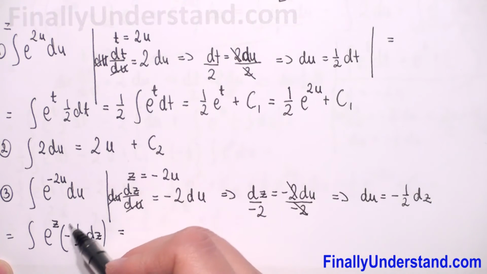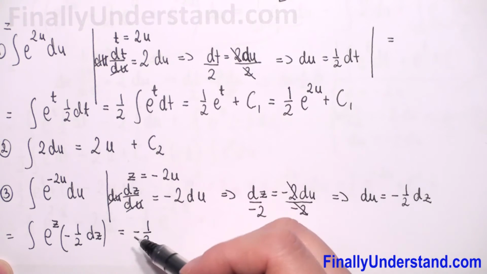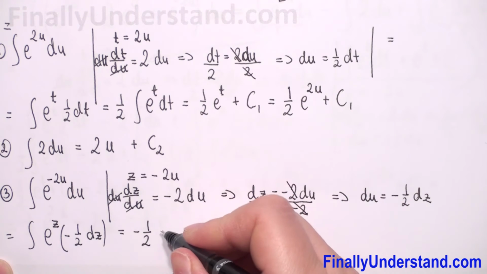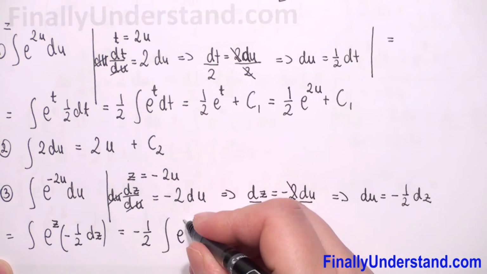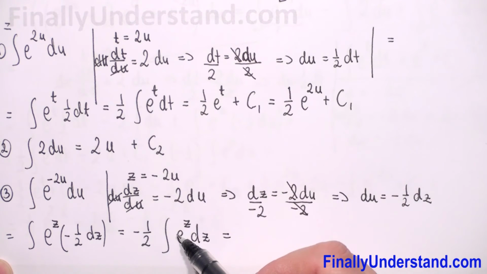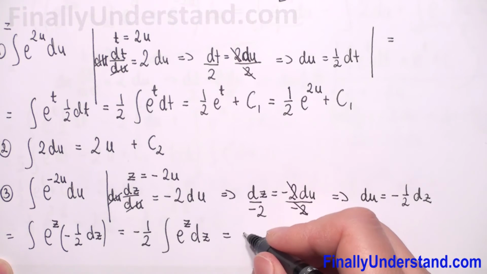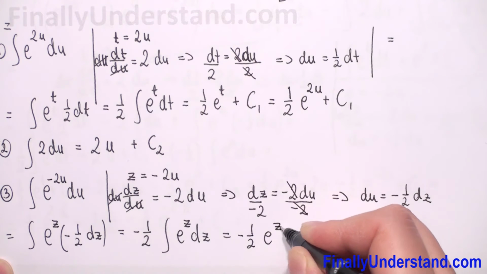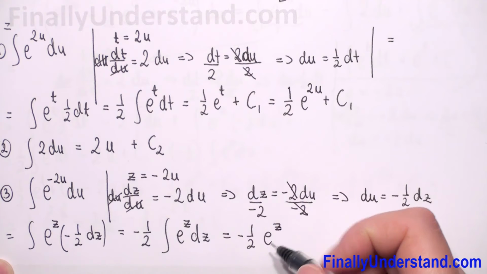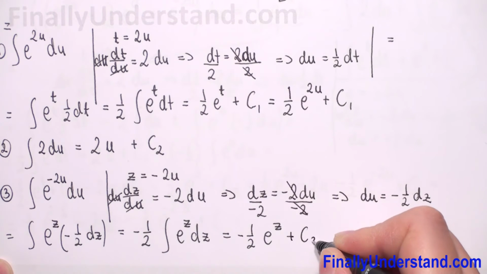So this is equal to negative 1/2, we can take before the indefinite integral because this is a constant, and we have the indefinite integral of e to the power z with respect to z. We know that the indefinite integral of the exponential function e to the power z with respect to z is e to the power z. So first we have to copy negative 1/2 and we have e to the power z, and because we have an indefinite integral we have to add a constant. So because this is the third integral I will put c3.